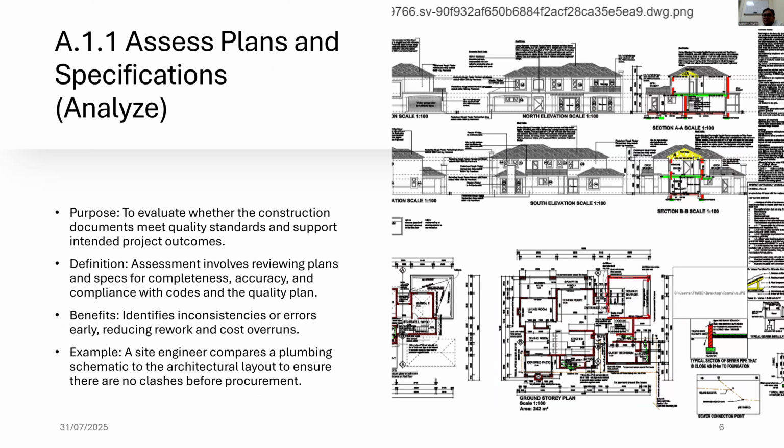So what is the purpose of assessing the plan and specification? Basically, in a typical project, you will see a drawing like that. It can be an elevation drawing or a schematic drawing or a floor plan. And the purpose is to evaluate whether the construction document meets quality standards and supports the intended project outcome. So here, when we are generating a drawing, that's one thing.